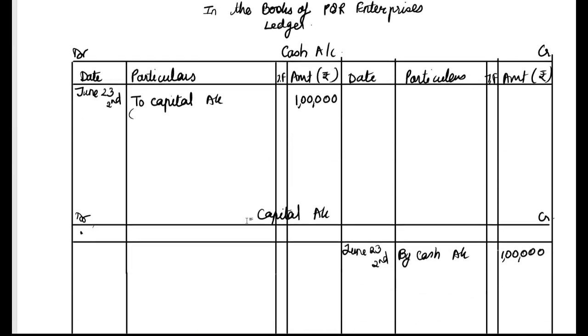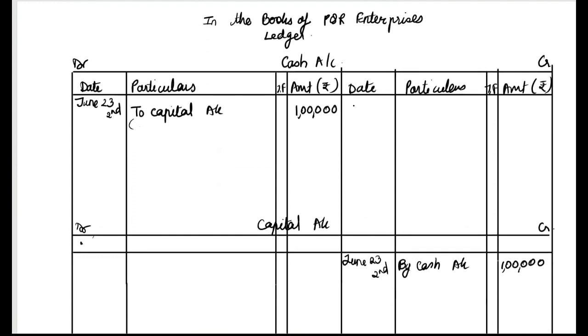So go to the credit side of cash account, June 23rd and 3rd of June. The starting of the credit side is always with "By" IDBI bank account. So the remaining part of the transaction I'm writing by IDBI bank account, 10,000. Fine. So this completes my second journal entry.